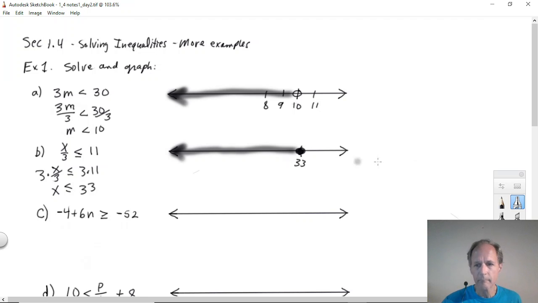Okay, I'll go to the next one. So this will take a couple steps. First, we'll get rid of the 4 by adding 4 to both sides. So we could write that in like that. On the left side, what remains is 6n, and on the right side is negative 48. So we divide both sides by 6.